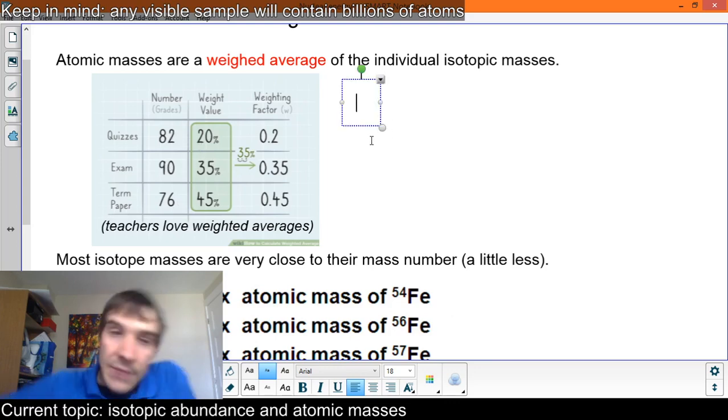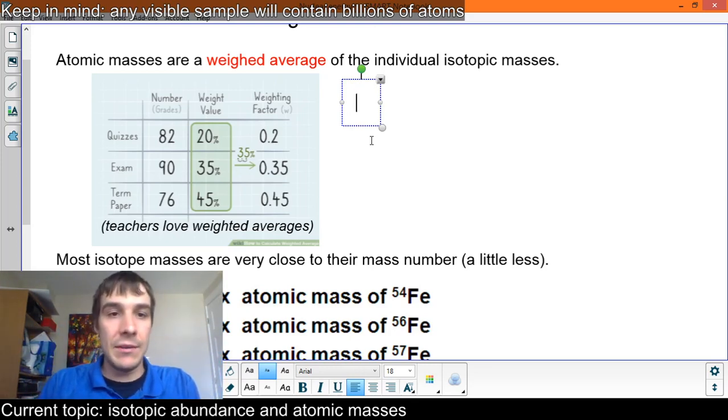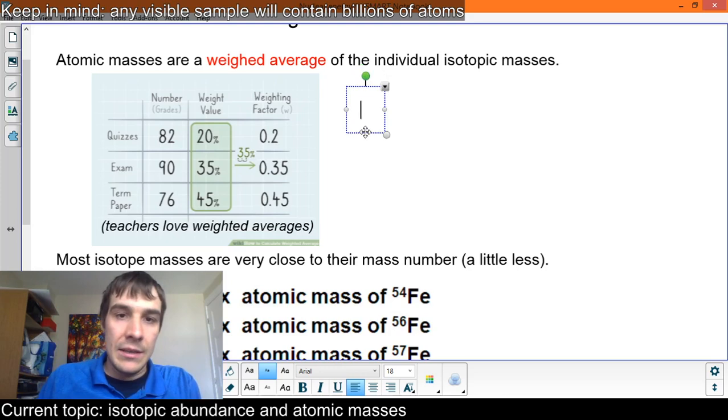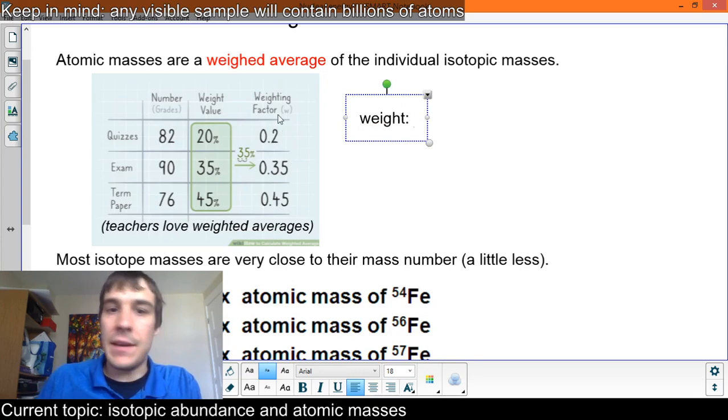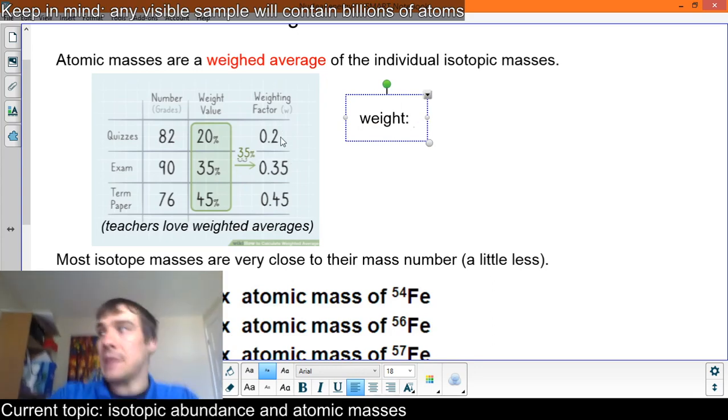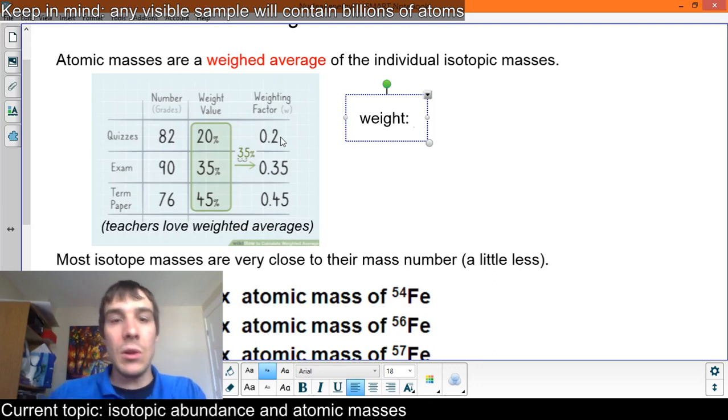So what did the student get as a final mark? How do you calculate it? Well, you assign a weight, right? The weight or the weighing factor here is how much of the total the mark should represent.